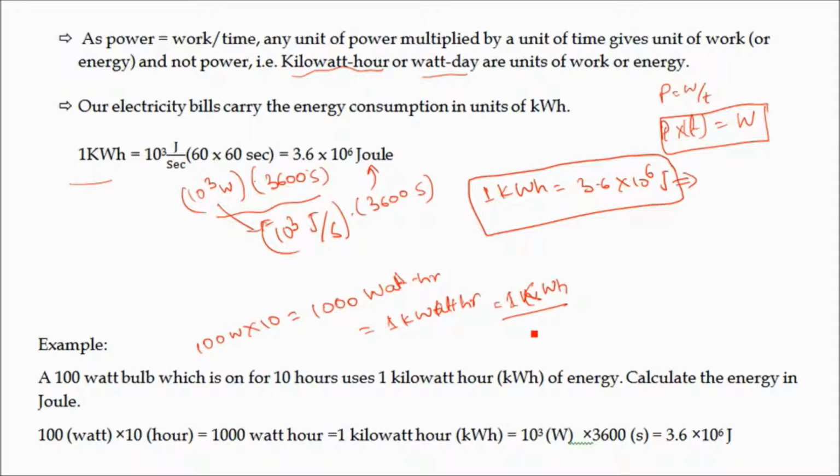As we know, 1 kilowatt hour is equal to 3.6 into 10 to the power 6 joule. So the energy in joule will be equal to 3.6 into 10 to the power 6 joule.